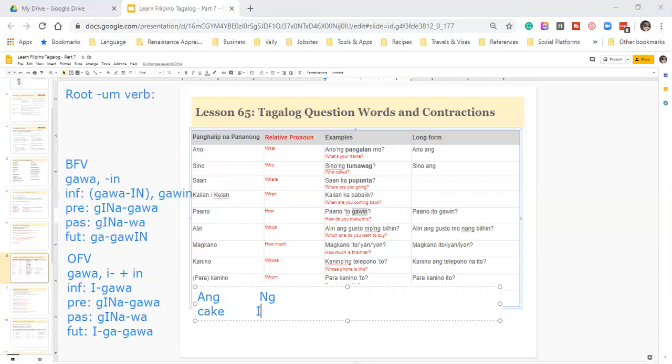You know when we say nang case of ikaw, what is the nang pronoun equivalent of ikaw? What is you in nang case? Mo. Tama. Okay, so the verb here, we're gonna use the verb gawa.